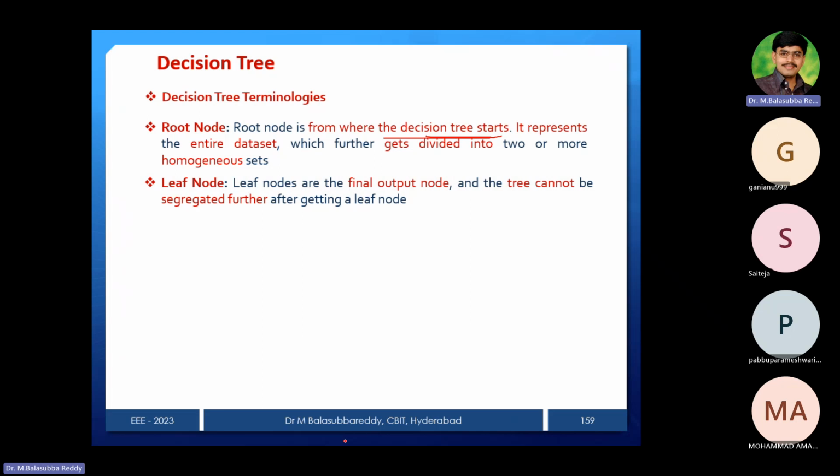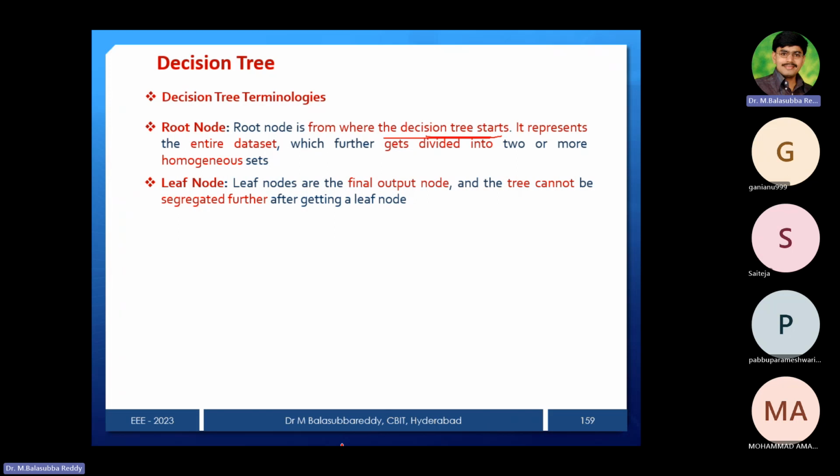The next one is the leaf node. So what is the leaf node here? The final output node. We keep on dividing into sub parts, but finally, somewhere we have to stop. Where to stop? That is the leaf node. Leaf nodes are the final output nodes, and the tree cannot be segregated further.